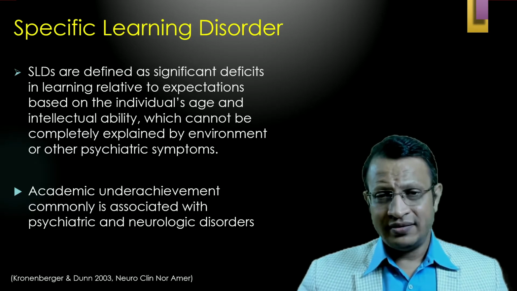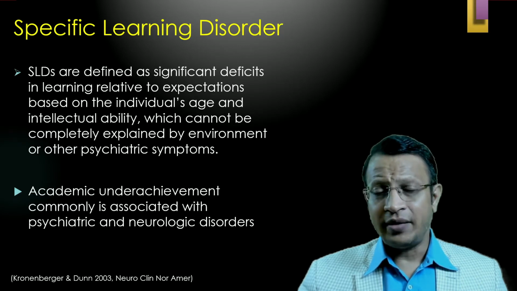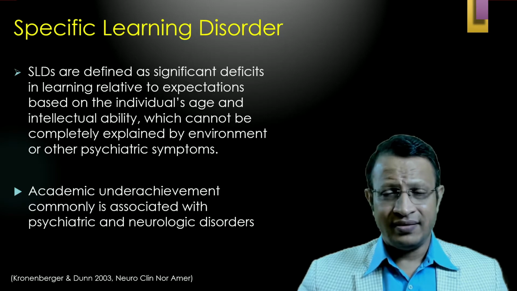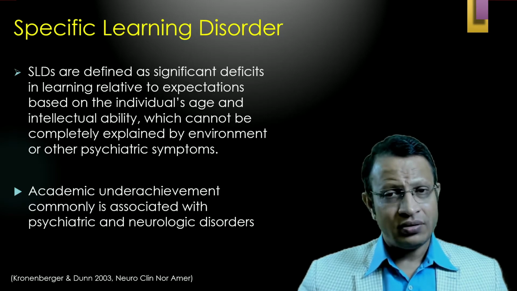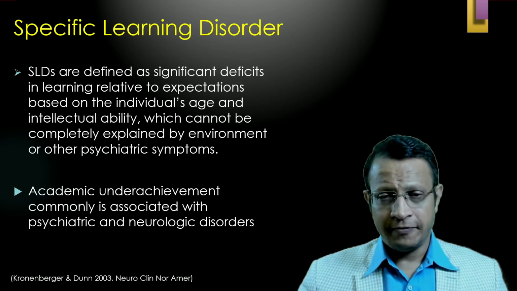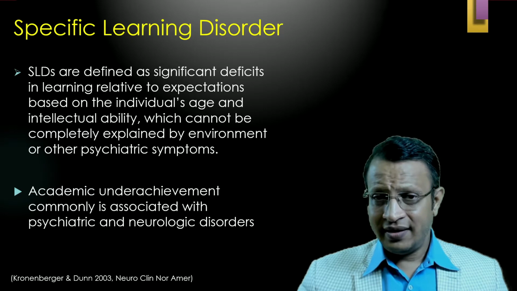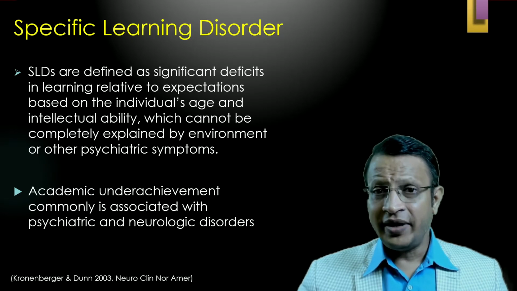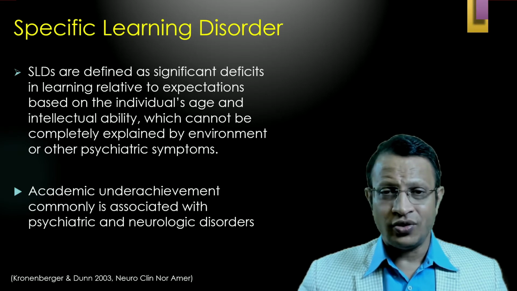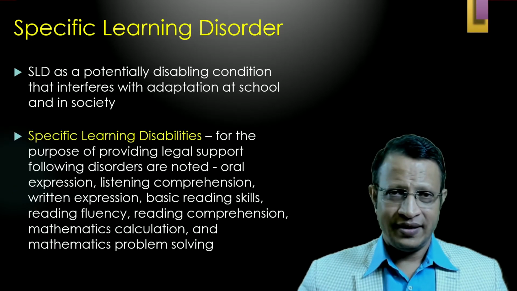If they have good health, they have good academic growth. If there is any problem in their health, for example, psychiatric disorder, neurological disorder, or chronic medical condition, that will cause academic decline. Whereas in SLD, the academic decline should be directly attributed to this neurodevelopmental disorder called SLD.